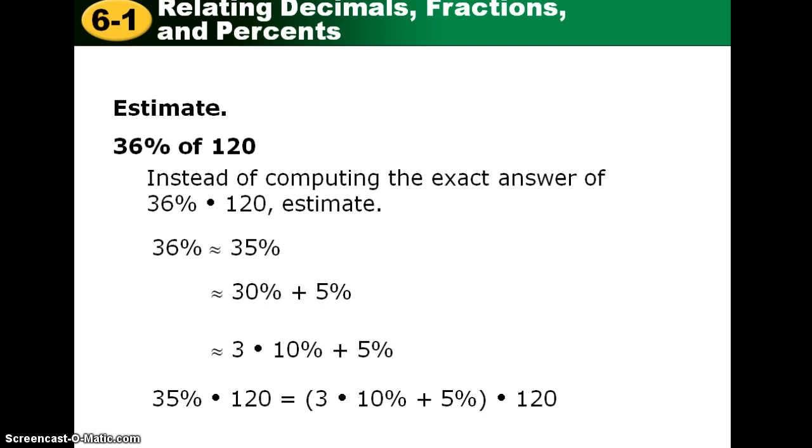But if you think about 10% of 120, 10% is going to equal 12. So 5% is going to equal 6.